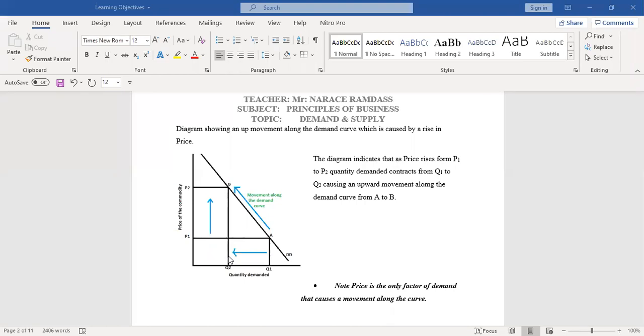Rise in price, contraction in QD. Fall in price, extension in QD. QD is short for quantity demanded. Rise in price will cause a contraction in quantity demanded, and a fall in price will cause an extension in quantity demanded. Good. Any questions, guys?